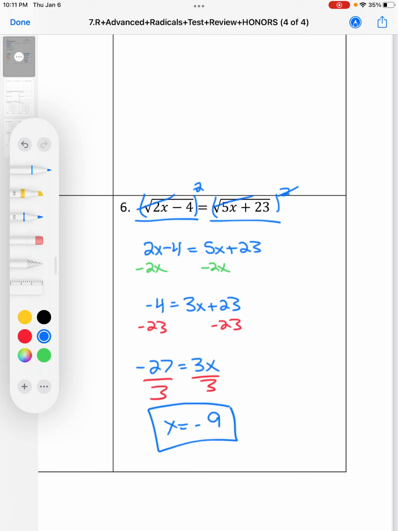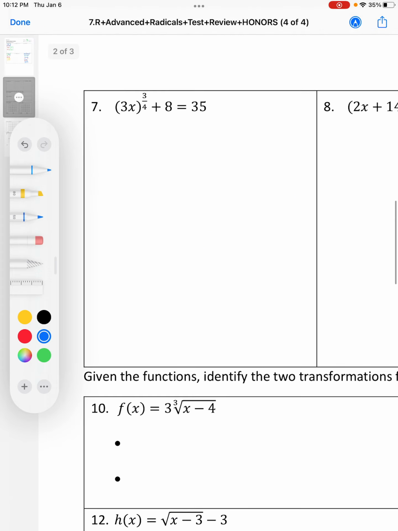Let's go to question 7. Looking at question 7, we need to get this alone, so we need to subtract 8. So I get (3x)^(3/4) = 27.